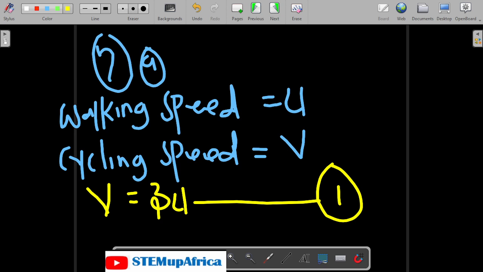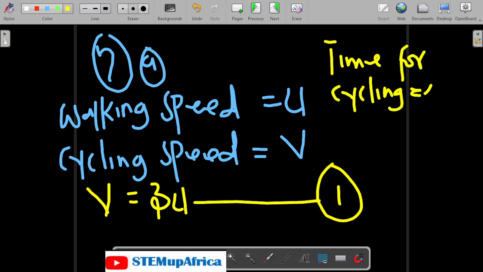Then it said the total distance covered while walking and cycling is 10.4. Then it cycles for 45 minutes. So time for cycling, the value is 45 minutes. So in hours, meaning I'll divide it by 60.